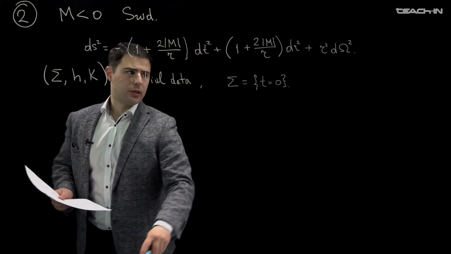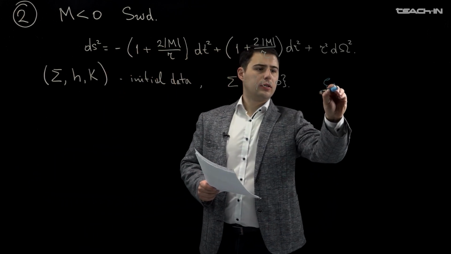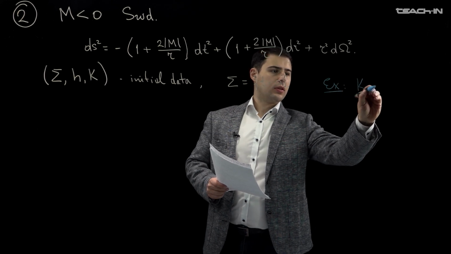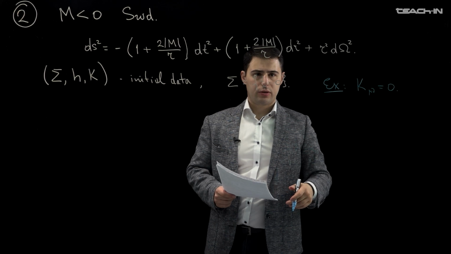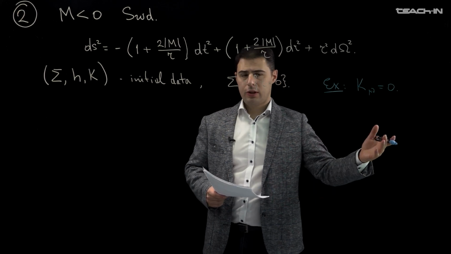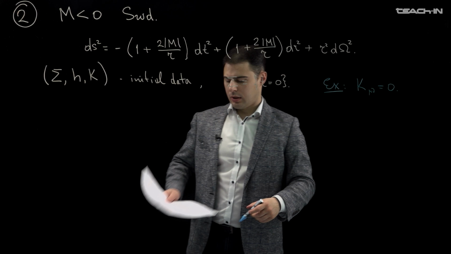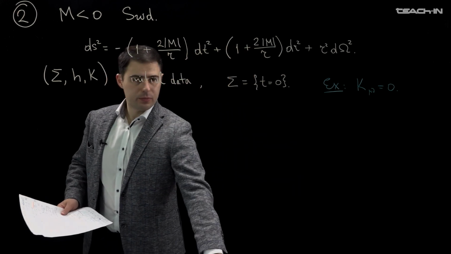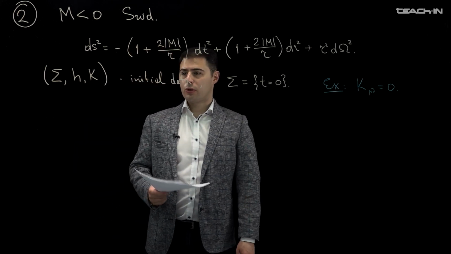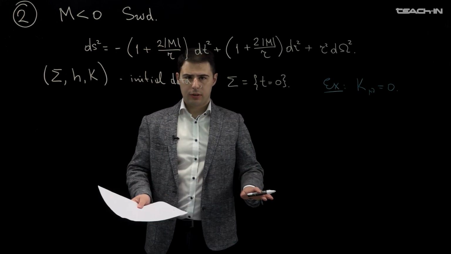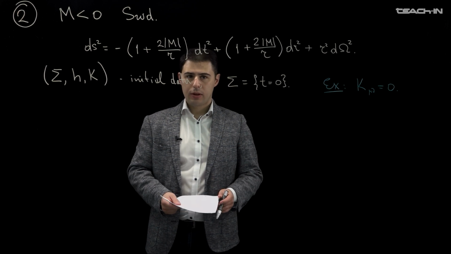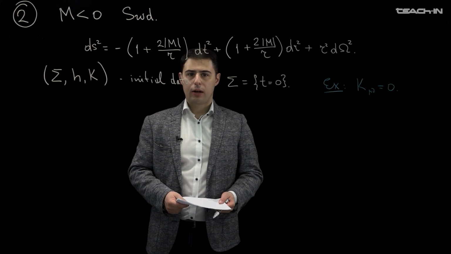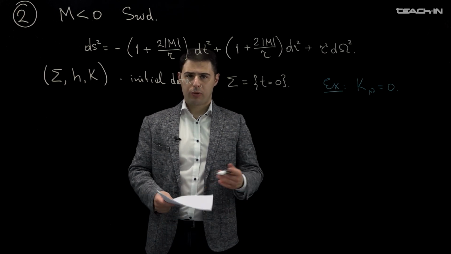It's actually a good exercise to check that the extrinsic curvature for this data is 0. So, of course, the initial data is inextendable. However, it is not geodesically complete because we have a naked singularity.